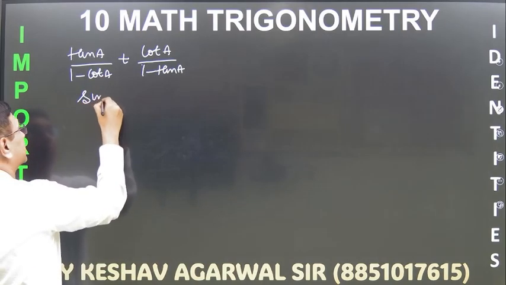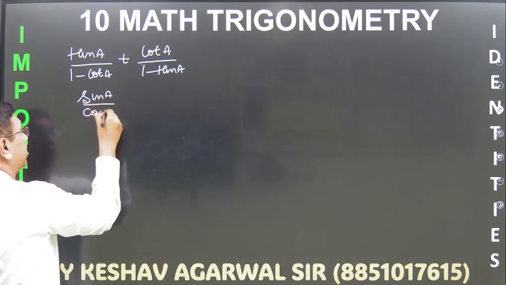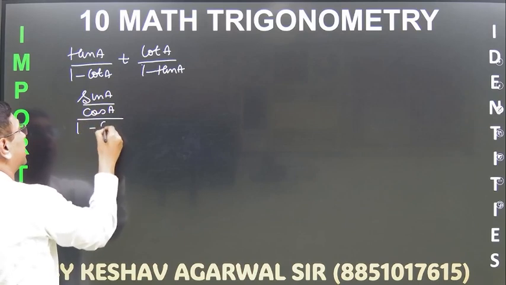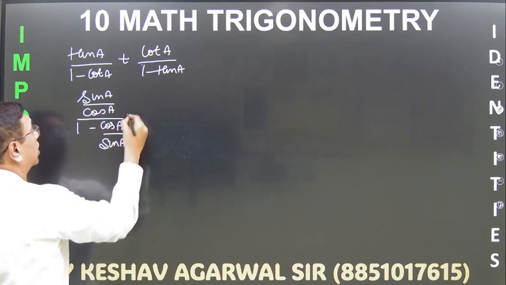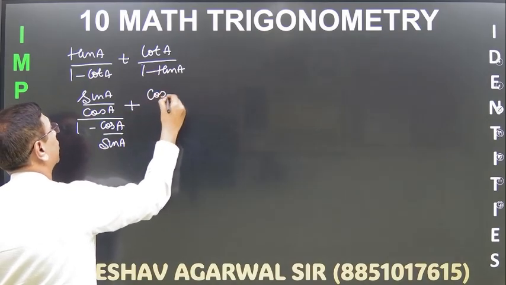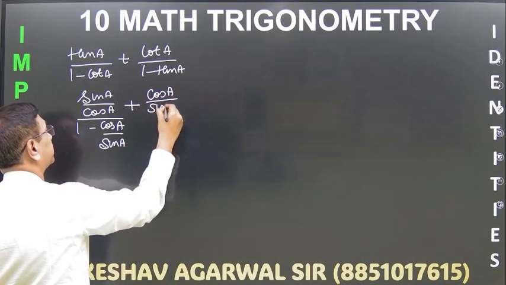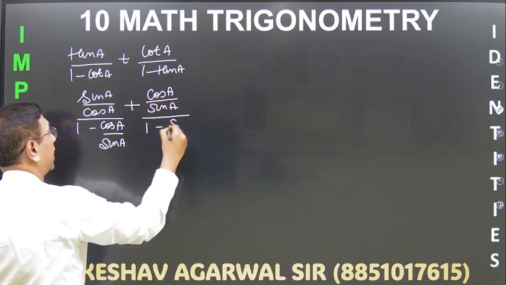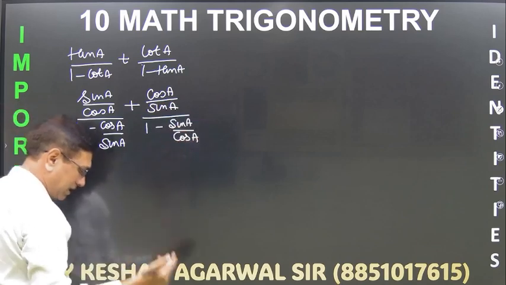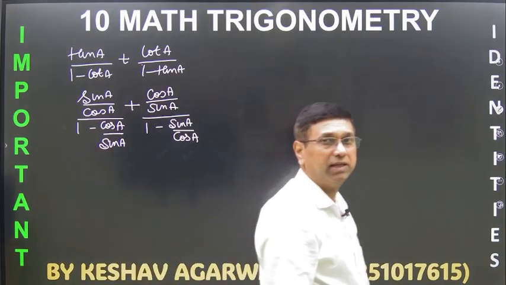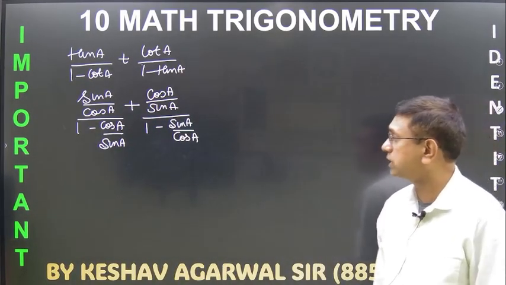So this will become sin a by cos a, and 1 minus cos a by sin a, and you will have cos a by sin a, and 1 minus sin a upon cos a. So this is just conversion. We haven't done anything else, we have just converted to sin and cos.